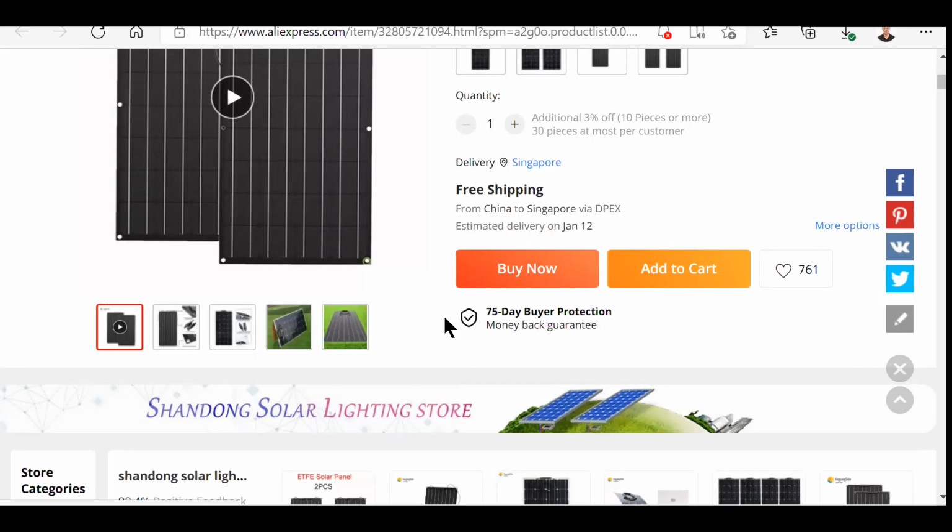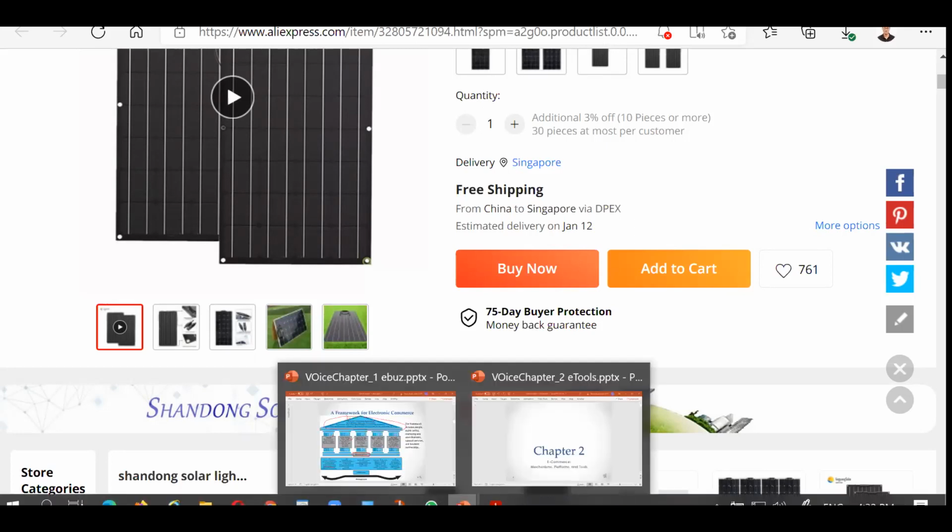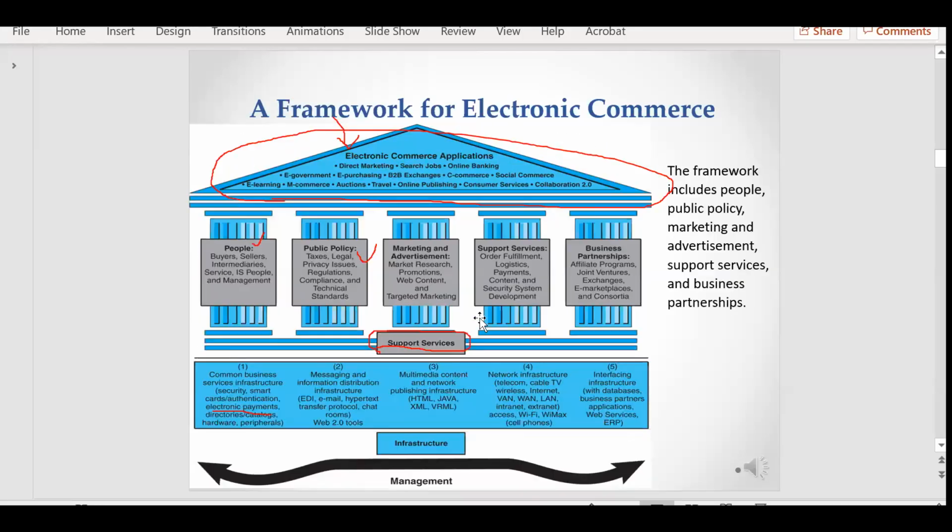A lot of the e-marketplaces actually adopt that kind of policies. Okay, so with this kind of protection, you find that buyers are more willing to buy things on your platform. Okay, so it's something that is very common. Okay, you cannot have an e-marketplace that doesn't offer this kind of a payment guarantee, right?